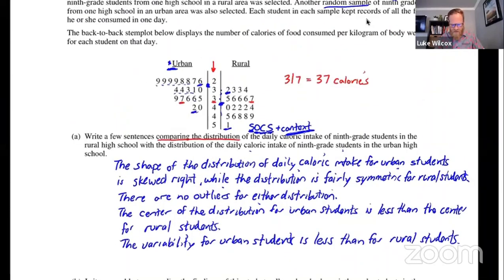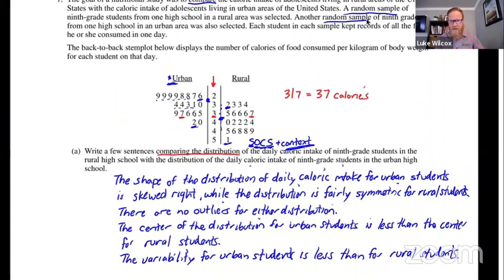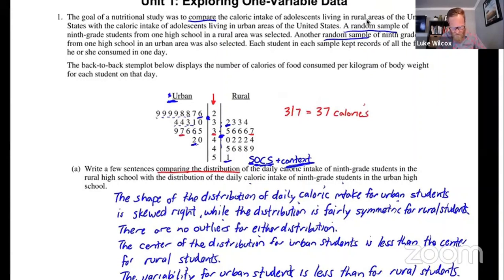So I'm going to go back to the stem of the question and let's look at how they took these samples. Okay, we have, let's see, a random sample of ninth grade students from one high school in a rural area. One high school. If it is a random sample from one high school, then we can only generalize the results to that one high school. We can't say all rural high schools, but only this one rural high school.